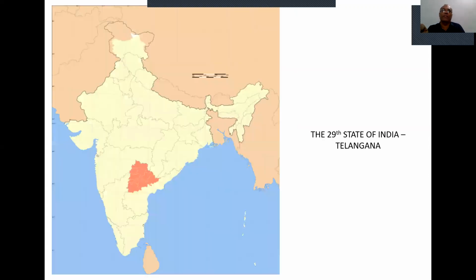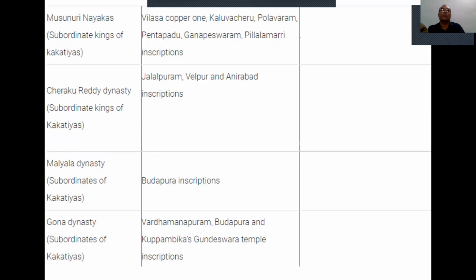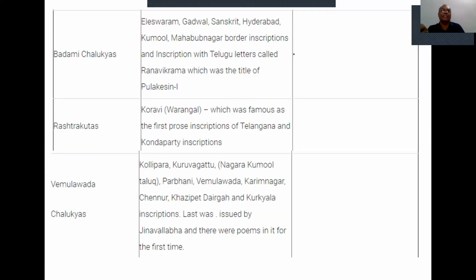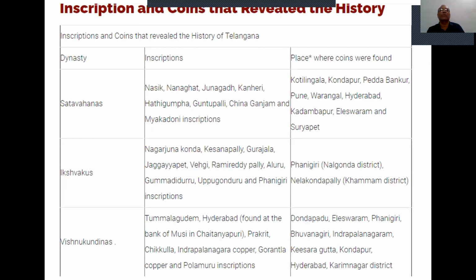So I have given you a list of almost all the important dynasties. These are the dynasties which have ruled in this particular period, starting from the Satavahanas in chronological order. So we will be trying to study the history of this region based on these inscriptions that are available to us, and the coins and other sources.